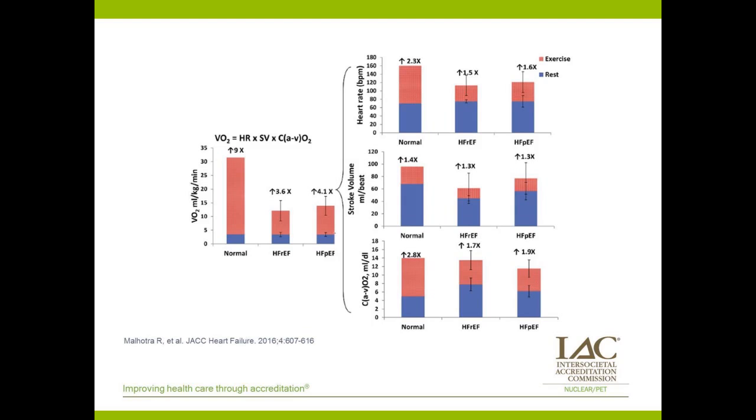And then we can compare heart rates, stroke volumes, and the oxygen differential amongst those populations. I think the key takeaway message from this figure is that there's a difference between the heart failure population and normals.